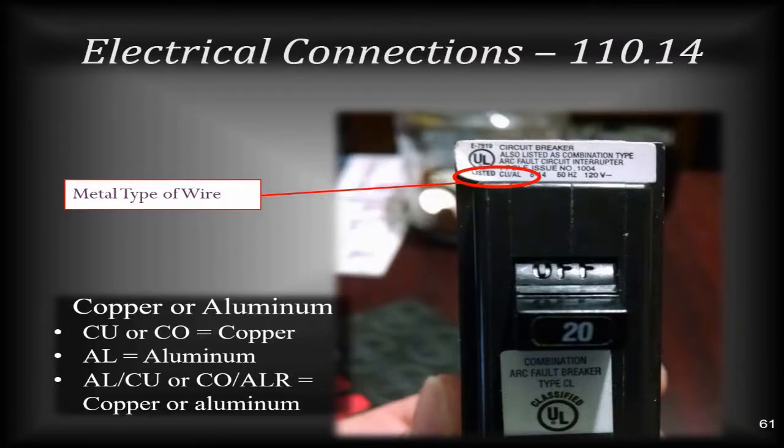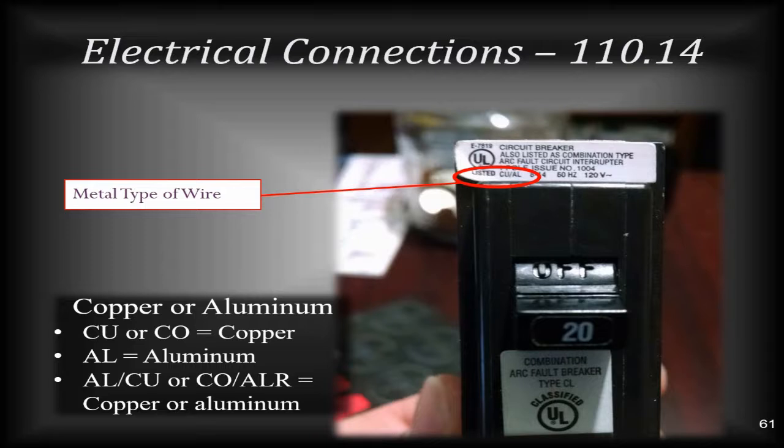Electrical connections, we're still continuing here. There's all kinds of information off that same breaker. It shows you the kind of wire that you can hook up to it. Notice you see the CU/AL. There are different ways that the industry indicates whether you can use copper or aluminum or either one.